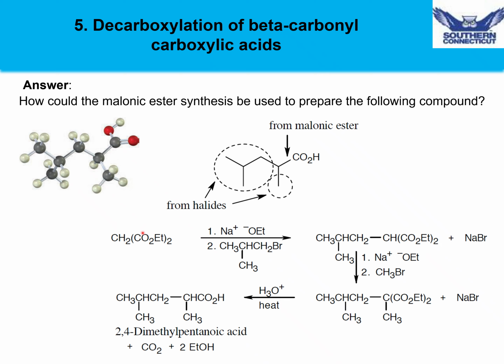Notice these two esters are bound to this center carbon. So it looks something like this. It starts off with a carbon in the middle, and then there's an ester on the left and an ester in this direction.